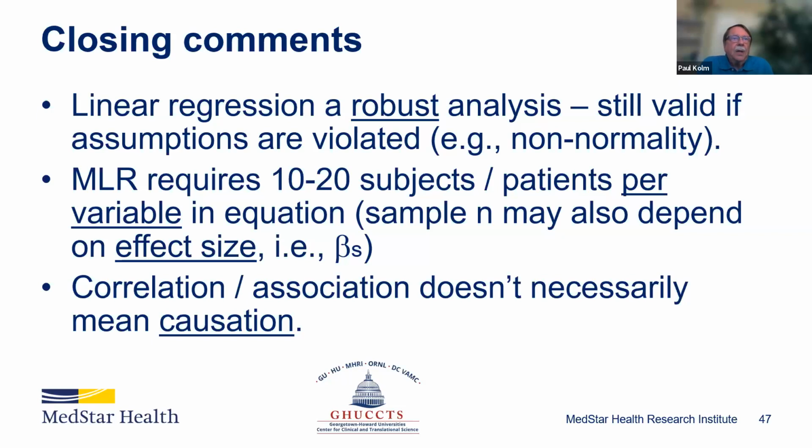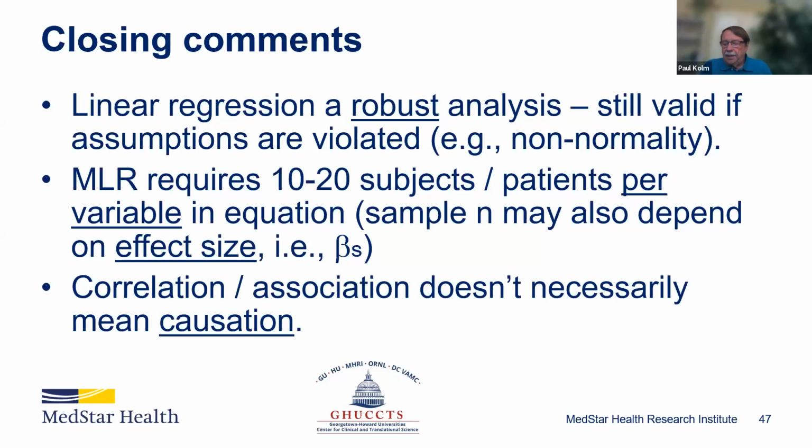And then finally, what I think is common knowledge, or I'm sure you've heard before, is that correlation or association doesn't necessarily mean causation. In other words, we can't say that age causes cholesterol increases. We say there's this association, and maybe it's a strong association, but age itself isn't necessarily the cause.